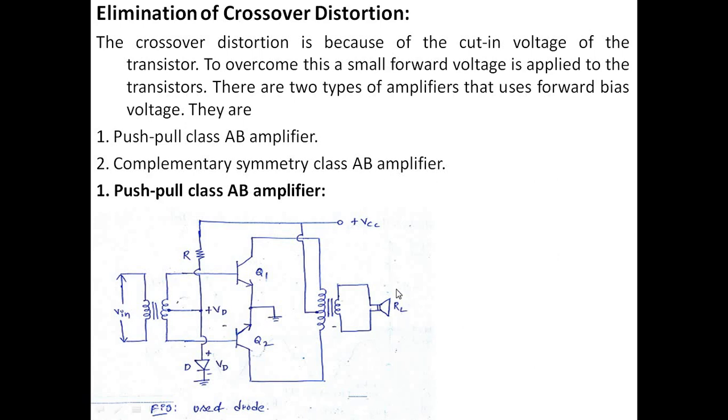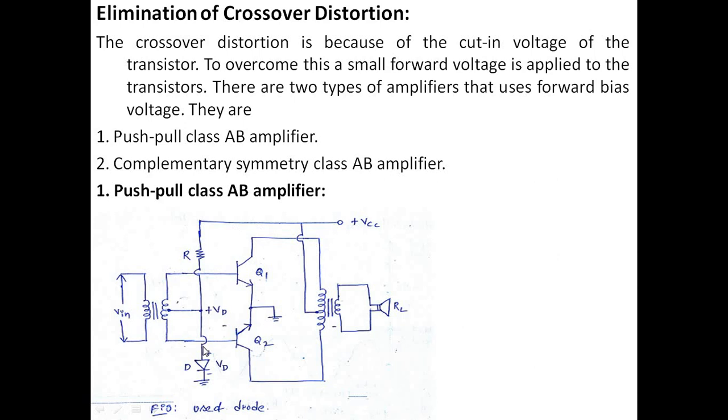You are going to get the complete positive half cycle. For the negative half cycle, the other transistor becomes on, because you are already providing the biasing voltage to transistor Q2. As a result, this transistor remains on and we don't have any crossover distortion, purely because of applying the biasing voltage using an external diode.